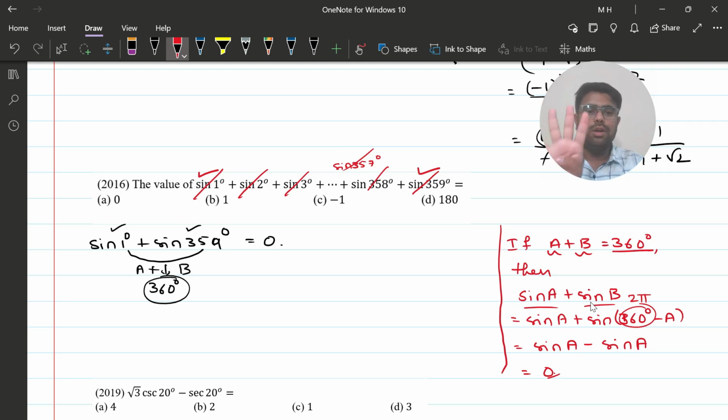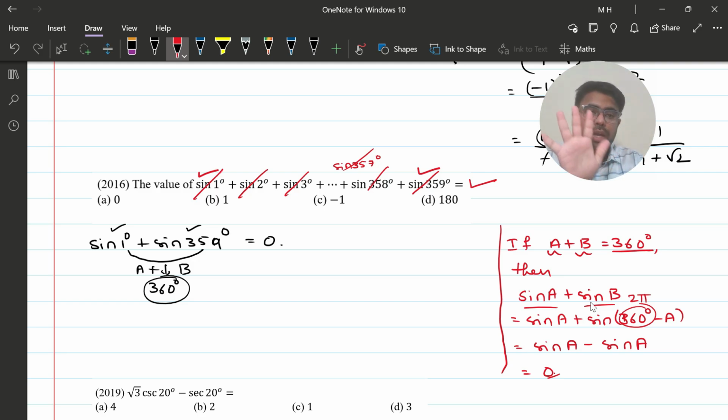But if instead of 4, I have 5 terms, then this and this will get cancelled out, this and this will get cancelled out, but in the middle I'm going to get one term, right? So the value of this sum is going to be the value of that middle term if we have an odd number of terms. But if we have an even number of terms, then it is going to be 0 for sure.